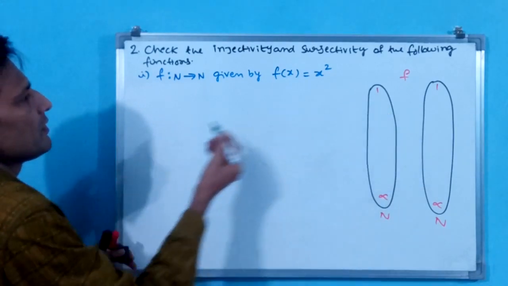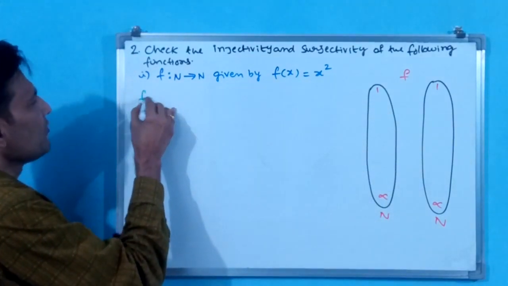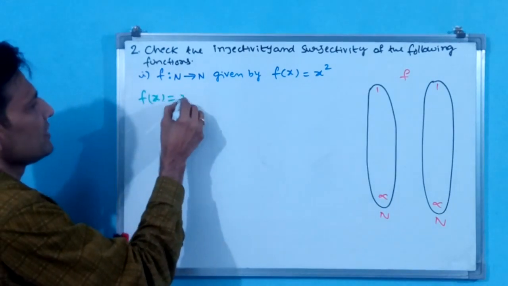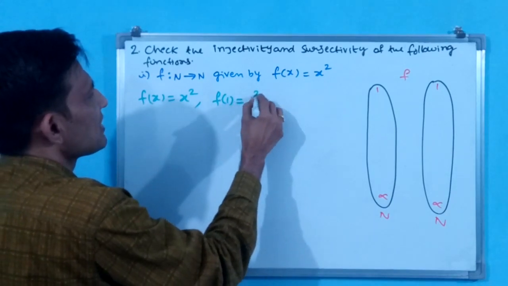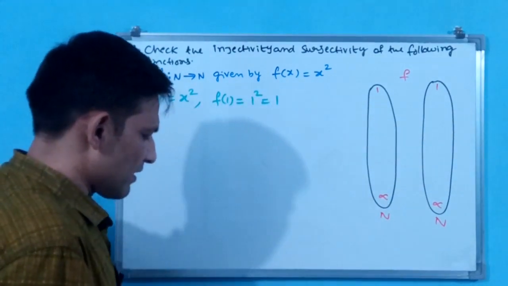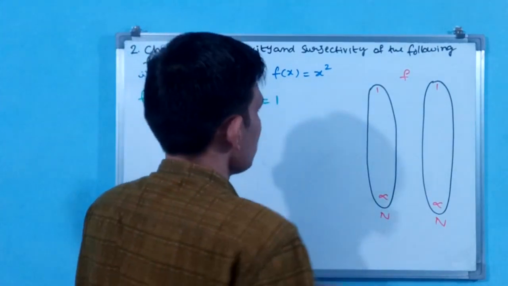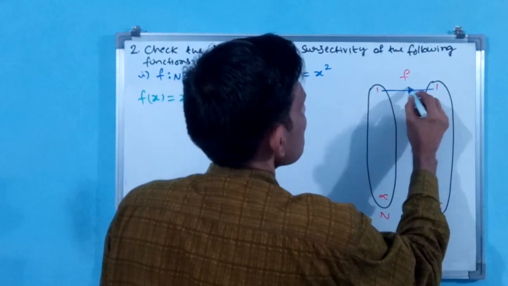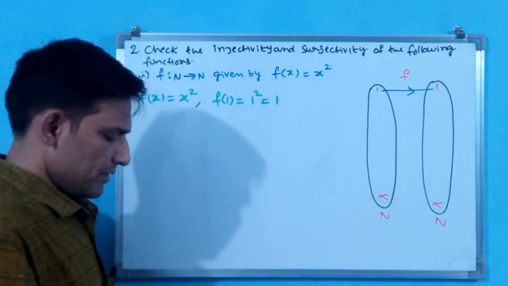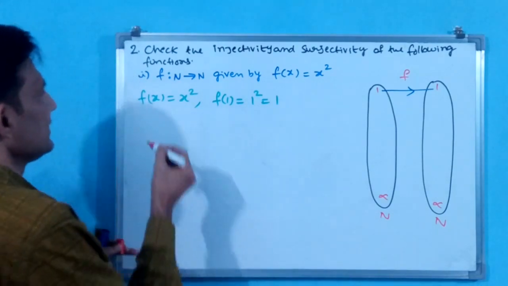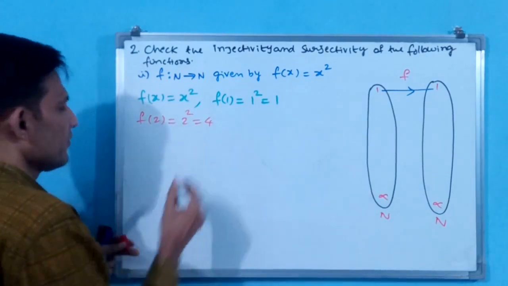Now, as natural numbers, we can give input of f of x is equal to x square. This is the function. Then f of 1 is going to become 1 square, that is equal to 1. That means here 1 and 1 are having a relation. Then next one is 2. F of 2 is equal to 2 square, that is equal to 4.